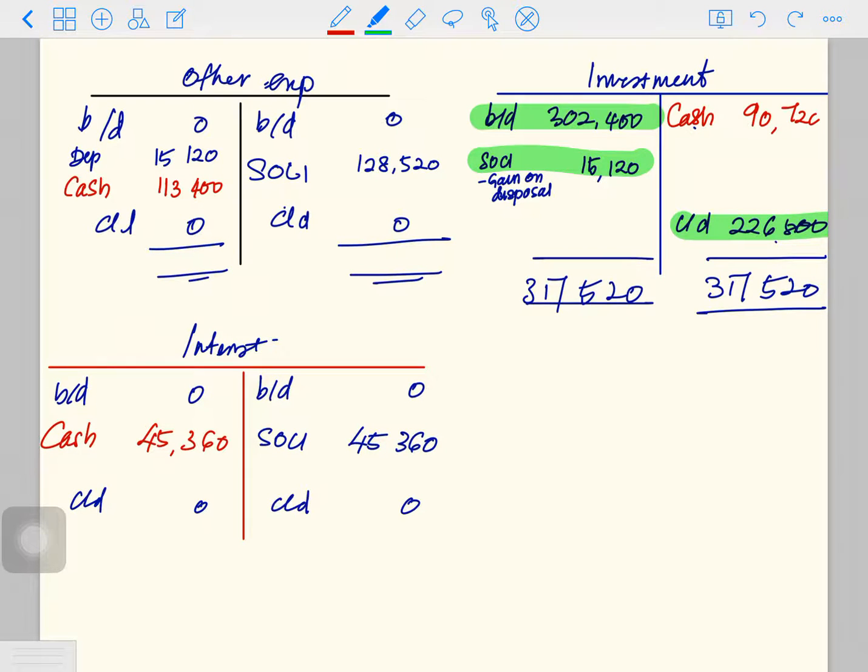Maknanya kat situ you ada jual investment and then you get a gain of 15120. That means your cash that you receive is 9720.